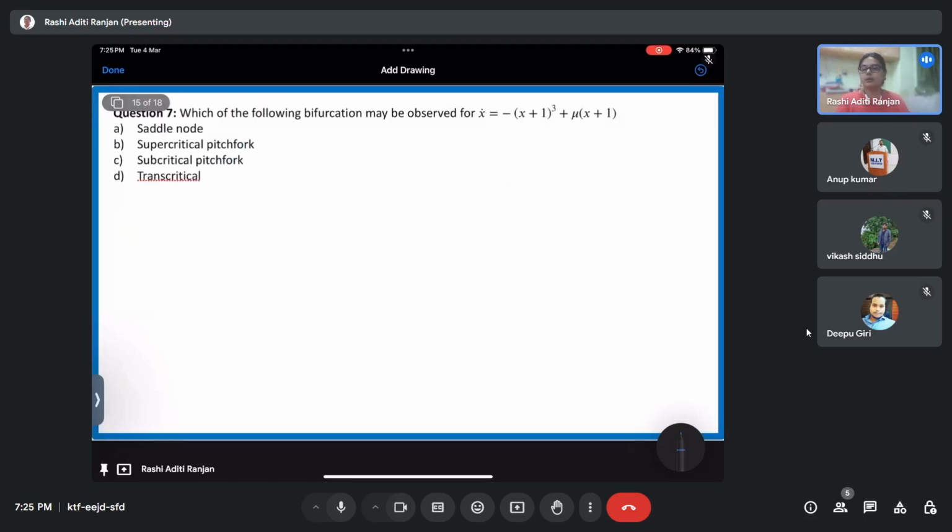Okay, coming on to question number 7. Which of the following bifurcations may be observed for this? Same thing that we are doing, although this is a nonlinear equation, so it is a bit difficult.